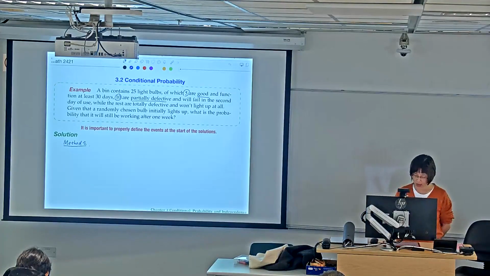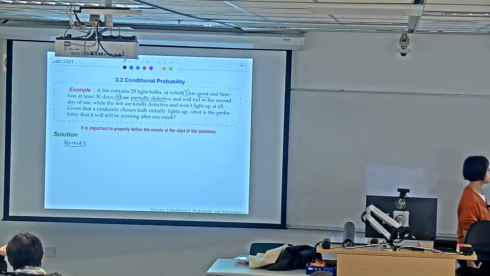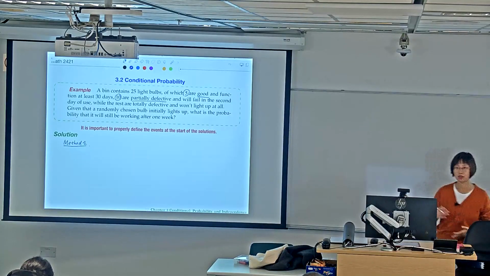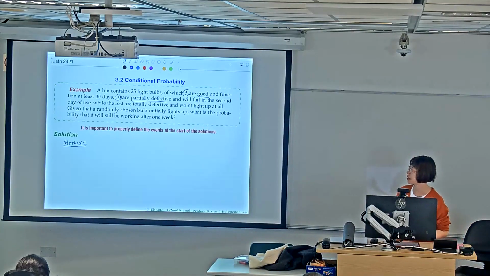And the remaining are totally defective and won't light up. Given that a randomly chosen bulb initially lights up, you know that this is a given event. So this means this randomly chosen bulb has to be one of the good or partially defective bulbs. So if you view this as a new sample space, you have 15 outcomes in it.